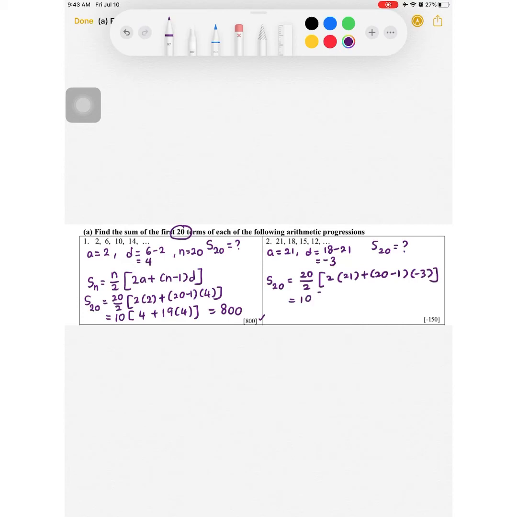You'll get 42 plus 19 times negative 3. Using your calculator, you will get the answer negative 150. Easy, right? As easy as that. So that's how you find the sum of the first 20 terms.